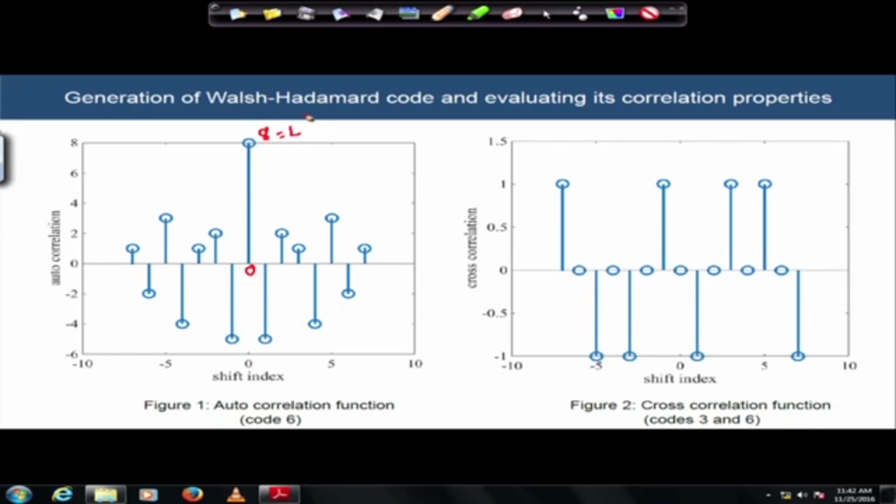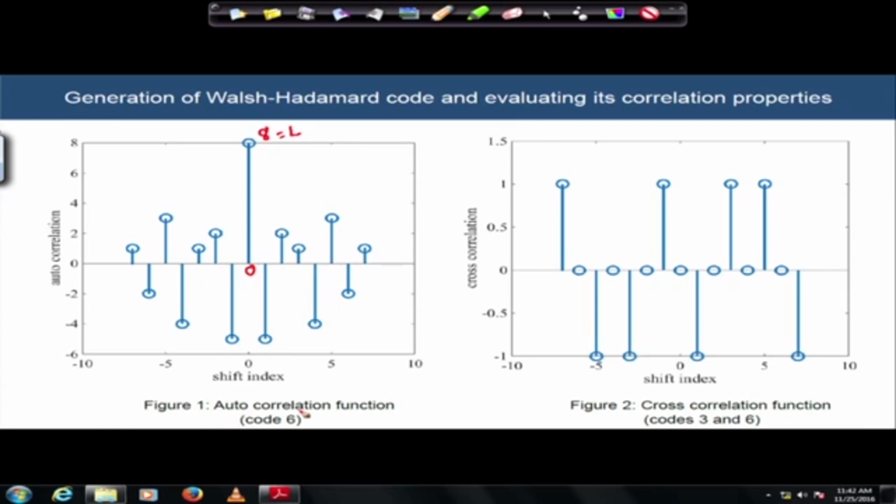That is what we had established in the previous slide, that autocorrelation at shift 0 should be equal to the length, and then the rest of the values of autocorrelation will depend upon the code that you've chosen. So all codes will not have the same autocorrelation plots, as you shall see.